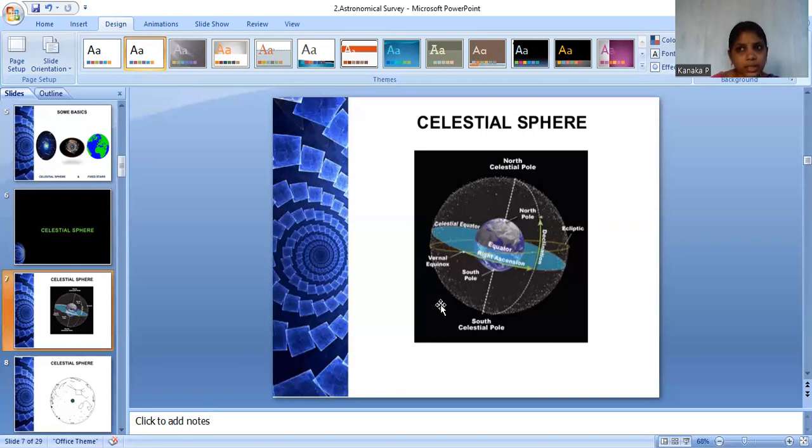Next one is the solar system. Its heavenly bodies move in distinct orbits in the same direction around the sun. These bodies are also known as planets. The nearest planets are Mercury and Venus, which are nearer to the sun than the earth, and are called the inferior planets.